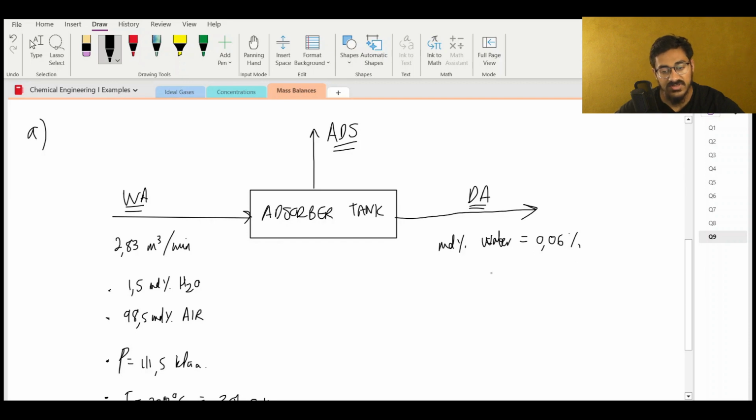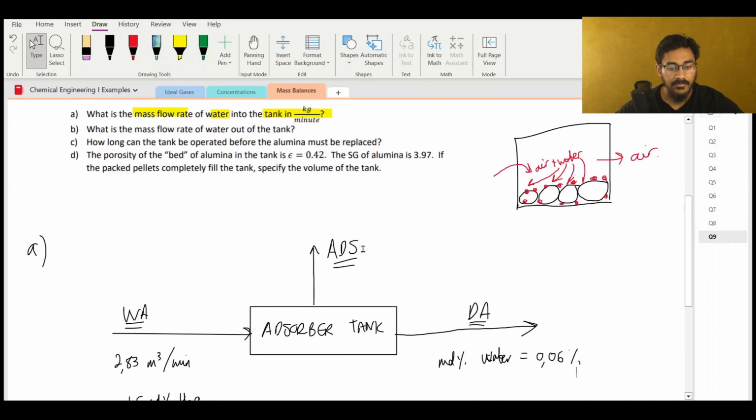And then of course the remaining 99.54% is going to equal air. And then in the adsorption stream, remember that's obviously going to contain 100% water, because these alumina particles are only adsorbing water, nothing else. Okay, so we're off to a good start.